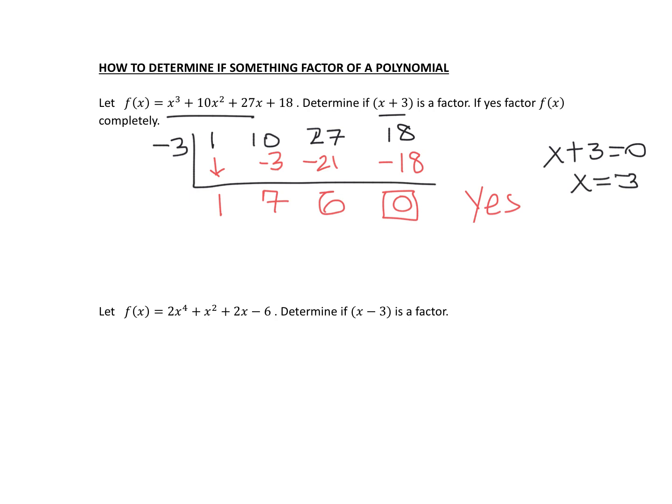So the new equation is 1x, I go 1 degree down, so 1x squared plus 7x plus 6. I don't need to write the 1.